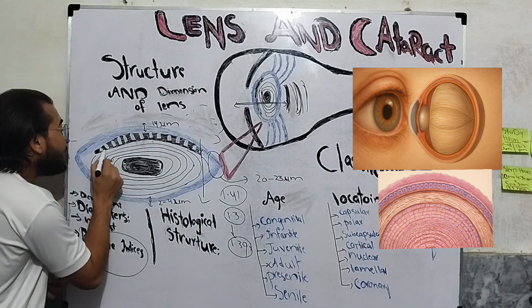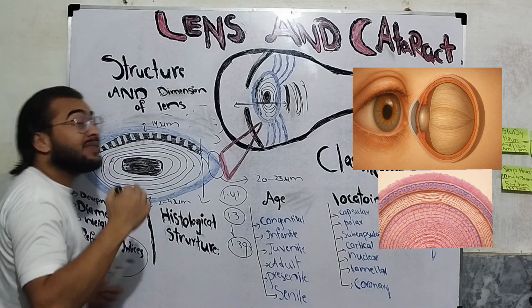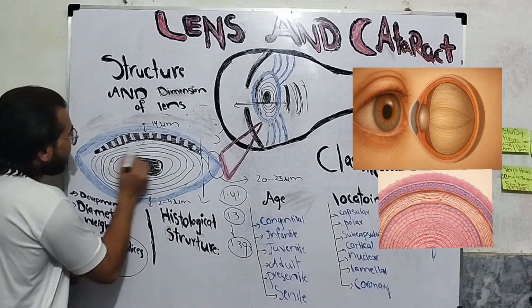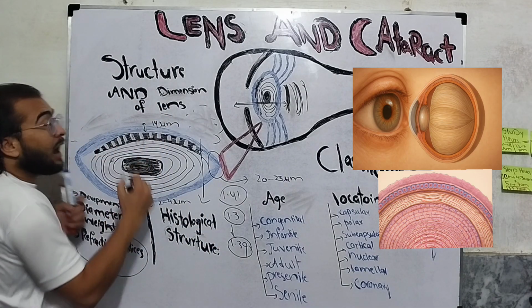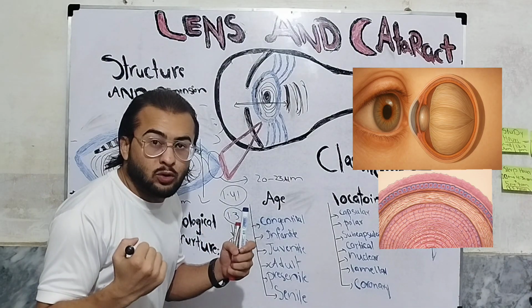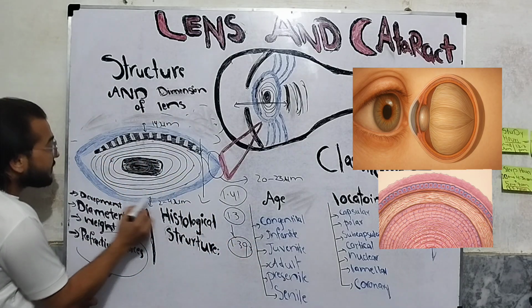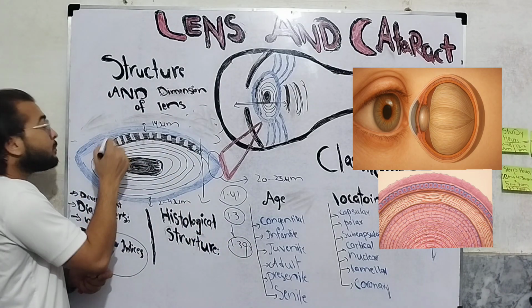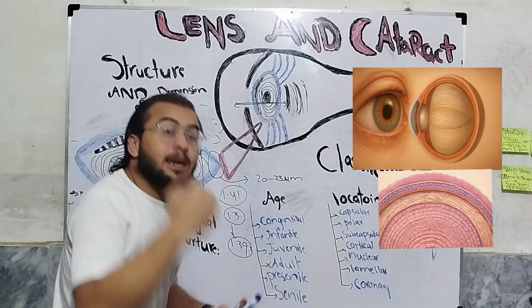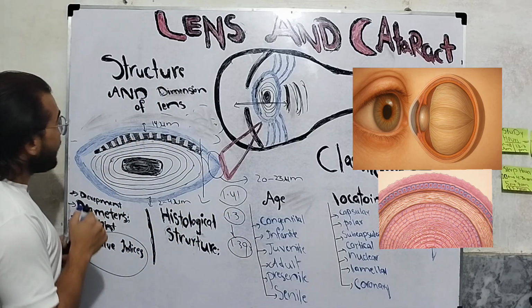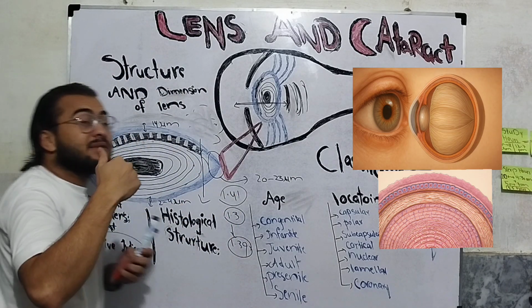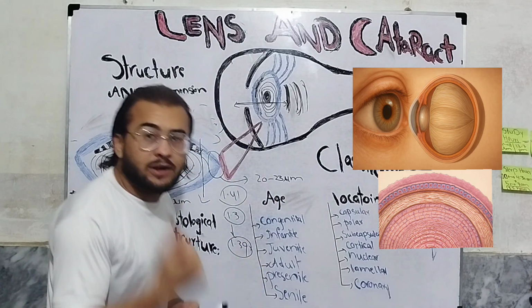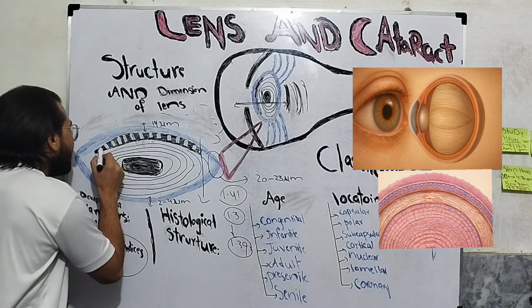And remember, this single layer of cells is only present under the anterior capsule, okay. It is not present under the posterior. And this epithelium has normal mitotic and metabolic activities like other cells in the body, okay. So these are the cells.